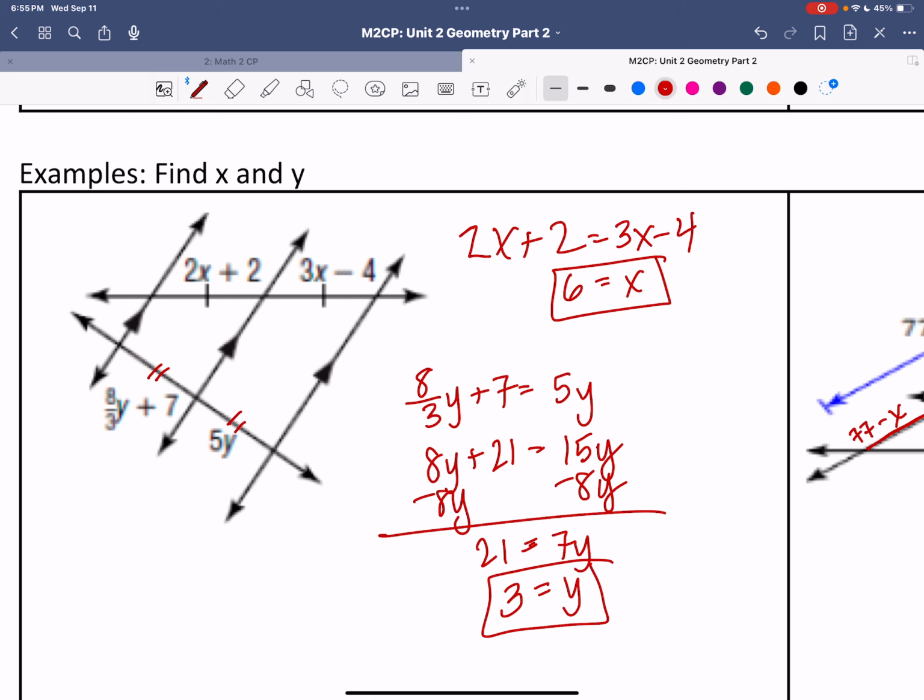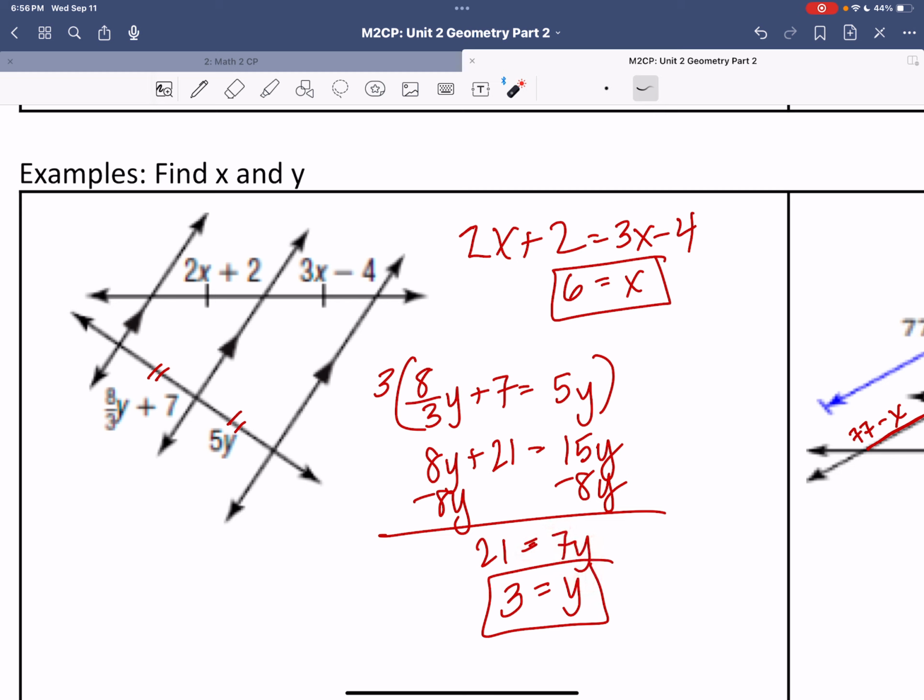Now I'm going to clear the fraction by multiplying everything by 3. When I multiply it by 3, your denominators cancel, and you get 8y, and then you distribute that here, plus 21. Then you distribute over here, and you get 15y. Now, no more fractions, so subtract 8y, and you get 7y equals 21. Divide both sides by 7, y equals 3.